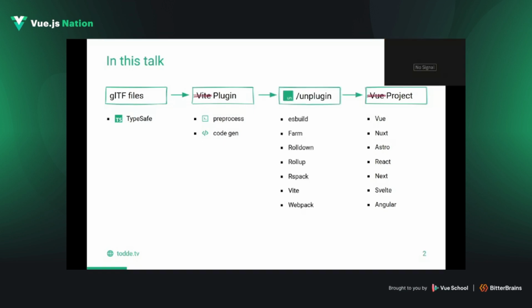Unplugin is something really cool that helps plugins more or less create build tool agnostic plugins. Of course, it will deliver something for Vite so that you can use it in Vue and Next, or all the other bundle tools like ESBuild, Rollup, and whatever else they are called.